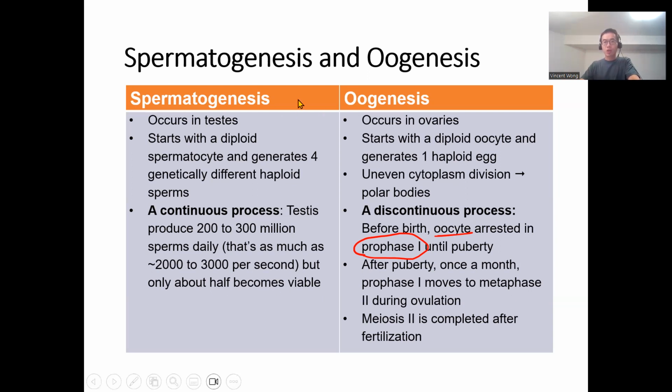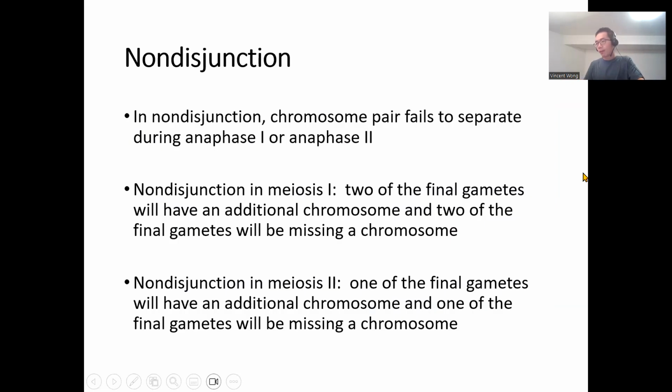Okay, so that's spermatogenesis and oogenesis. Let's take a quick break, 5 minutes. When we come back, we'll talk about what happens when things go wrong in meiosis. See you in a bit.